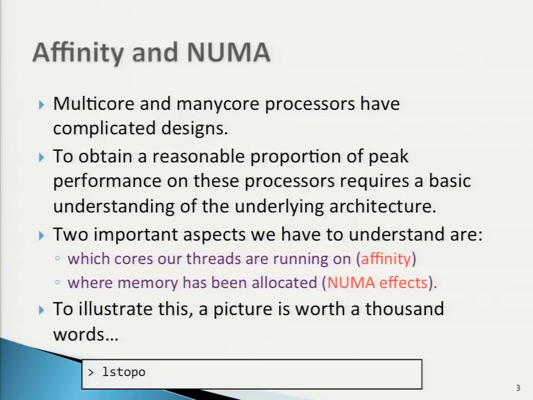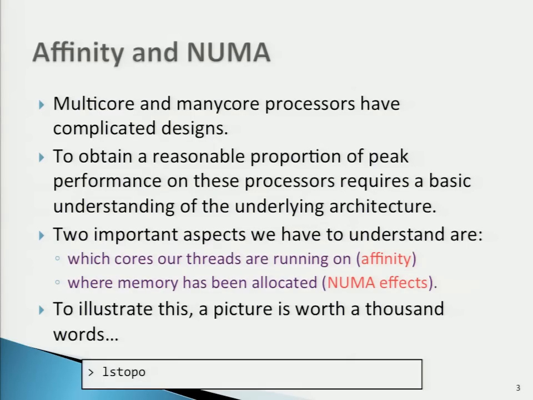So far, I'm pretty sure you've got the impression from the work we've done that these multi-core and many-core processors have quite complicated architectures. You've got hierarchies of cores and threads, multiple levels of cache, then the RAM, and interconnects: the connections between processors with QPI, or Quick Path Interconnect, on Intel and Hypertransport on AMD.